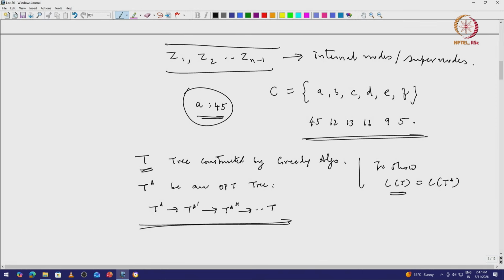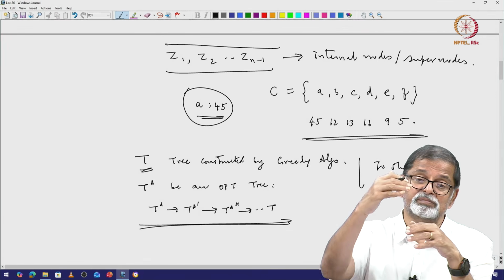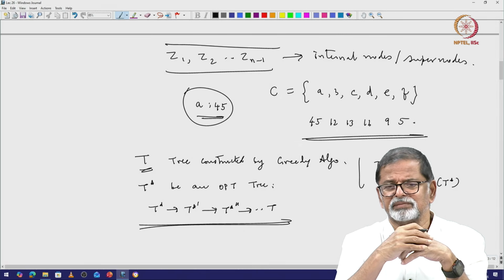So the tree generated by our greedy algorithm has an interesting structural property. Namely, the lowest cost ones, the smaller ones, are at a greater depth. The high cost ones will be at a smaller depth. The reason is intuitively clear.